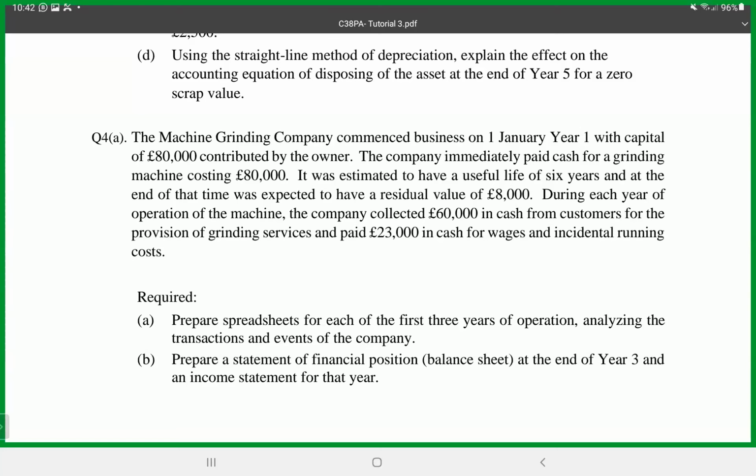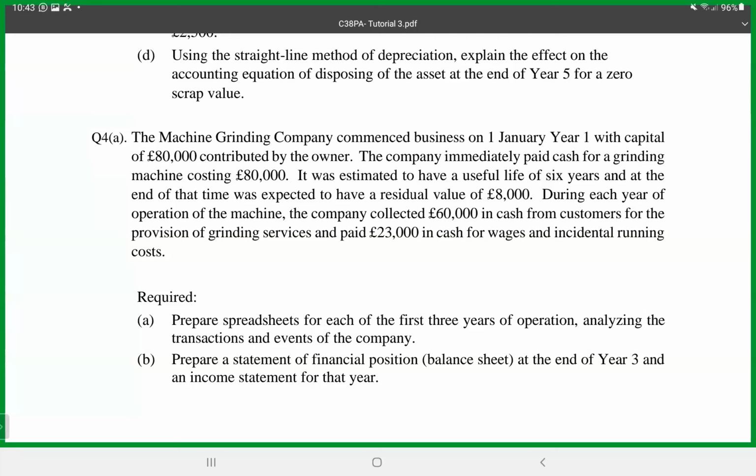Prepare spreadsheets for each of the first 3 years of operation, analyzing the transactions and events of the company. So the company has capital of 80,000 contributed by the owner.